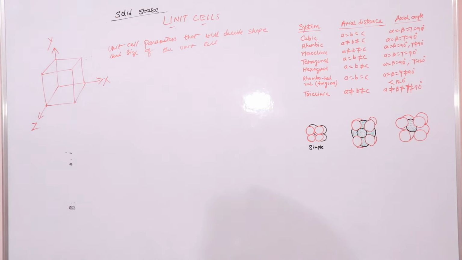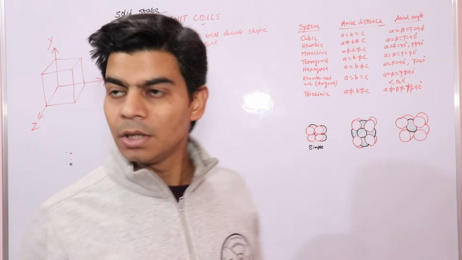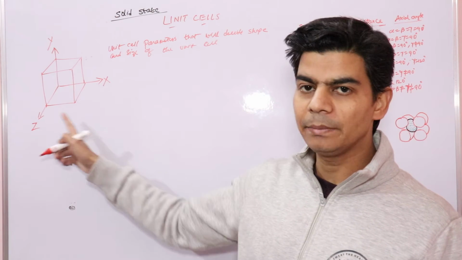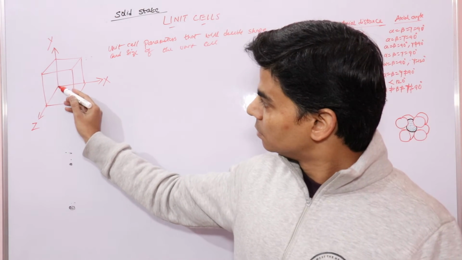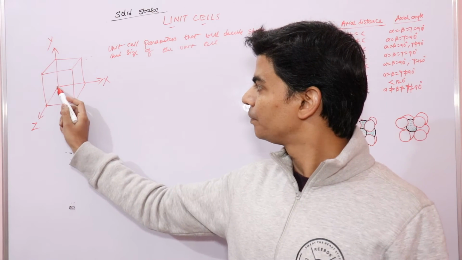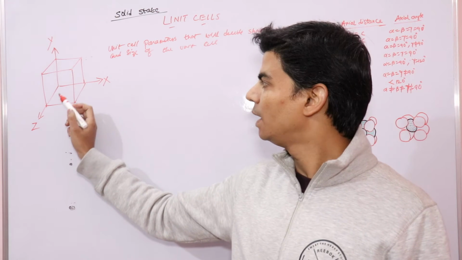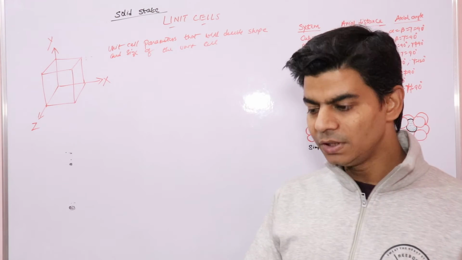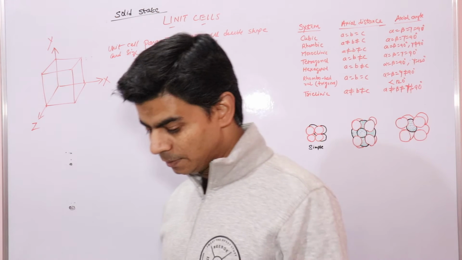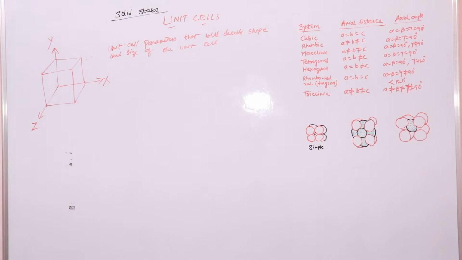Now what are these unit cell parameters? If you look at this three-dimensional diagram, there is the length of the edges of this unit cell in the three directions, along the x-axis, y-axis and z-axis, and the angles between those edges. The dimensions along the three edges are a, b and c.